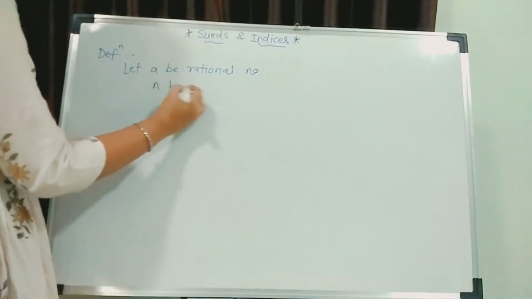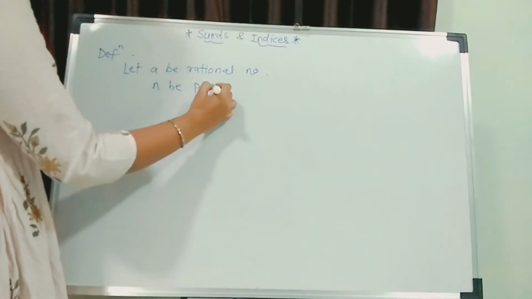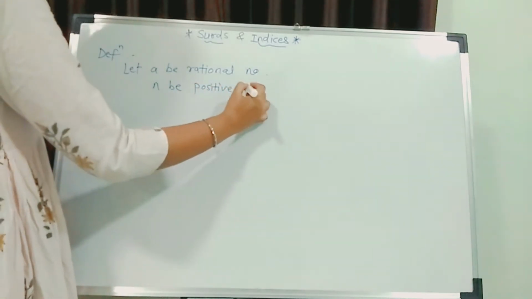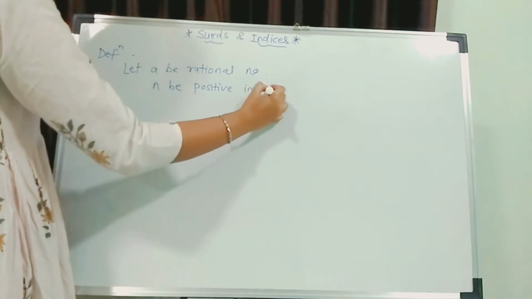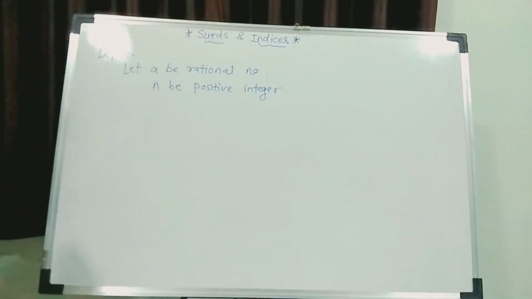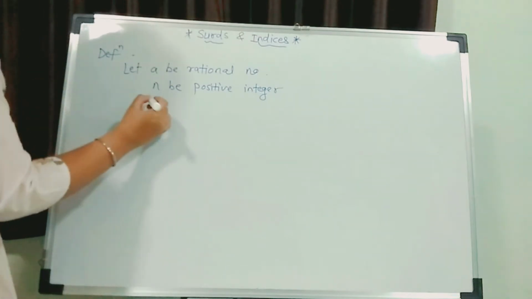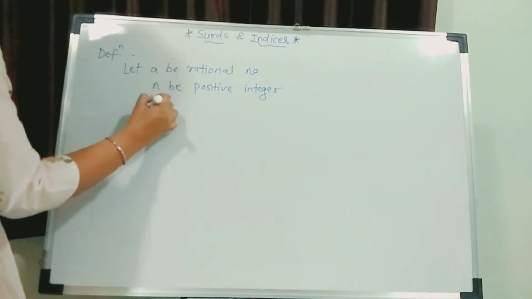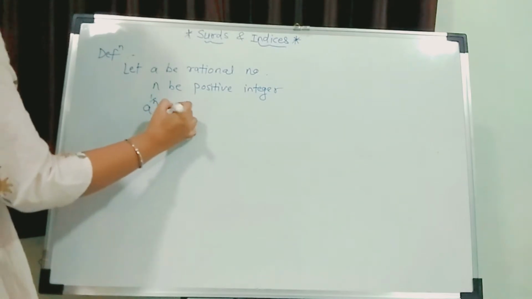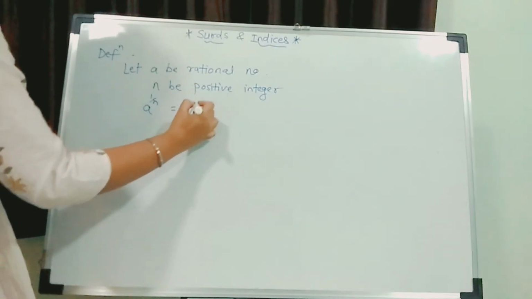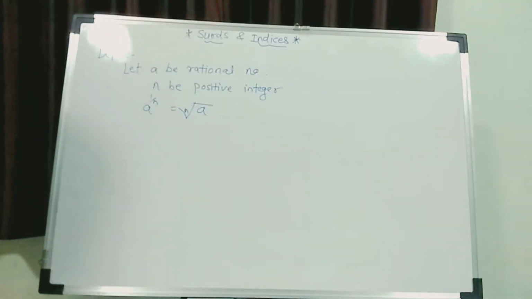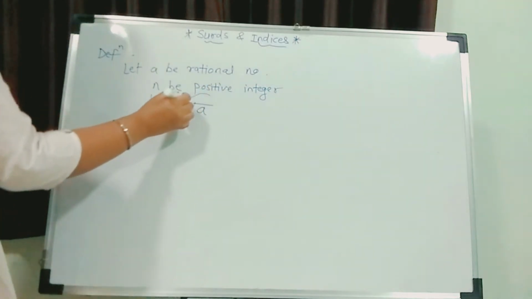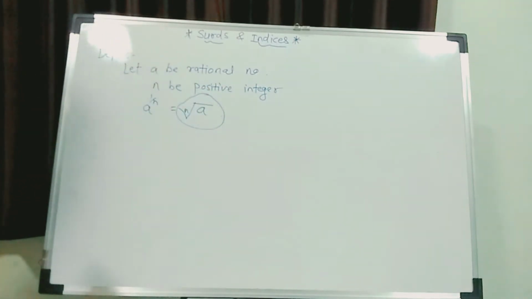Let A be the rational number and n be the positive integer such that a raised to 1 upon n is equal to nth root of a. This term, nth root of a, is known as surds.